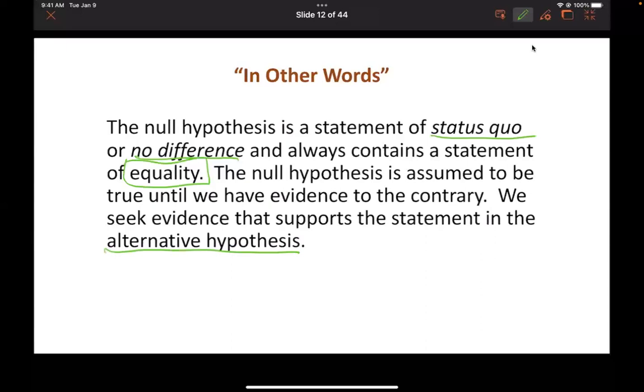But until that case, it's kind of like an innocent until proven guilty thing. We're believing the null hypothesis is true until we prove it is not true. I'm going to write the innocent until proven guilty because it's a really great way to remember it.